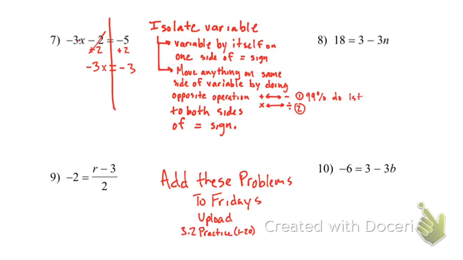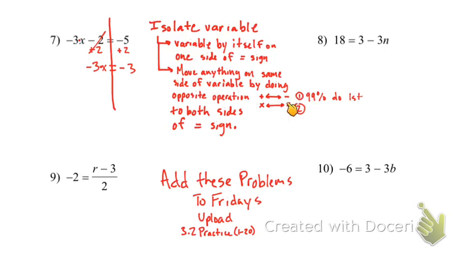Okay, so we have that now. And then we ask ourselves, is x by itself? And the answer is no, it's still not by itself. So now we still got to move the -3. So what is the -3 doing? What operation? And I told you earlier, it's actually multiplying with the x. So to undo multiplication, we do division.